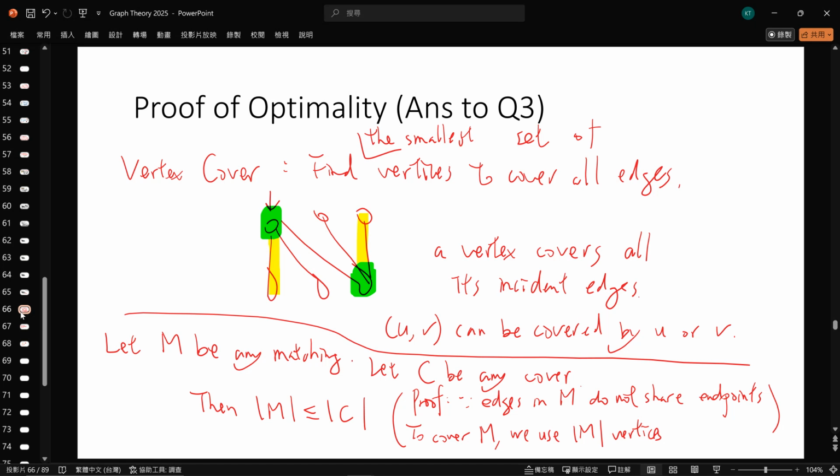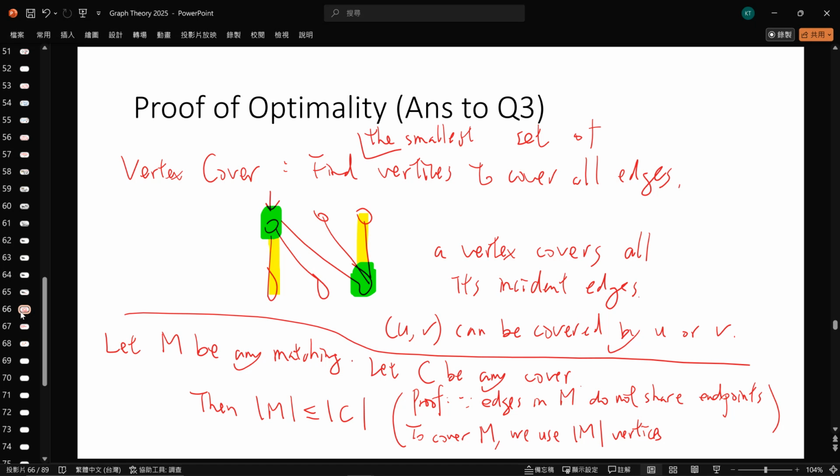So in general, if you have any matching and any vertex cover, then the size of the vertex cover will be an upper bound for the matching. And why? The reason is that, say you have a matching here. The key property is that edges in the matching do not share endpoints. So let's forget about all the edges in the graph and focus on the edges in the matching, just to cover these edges.